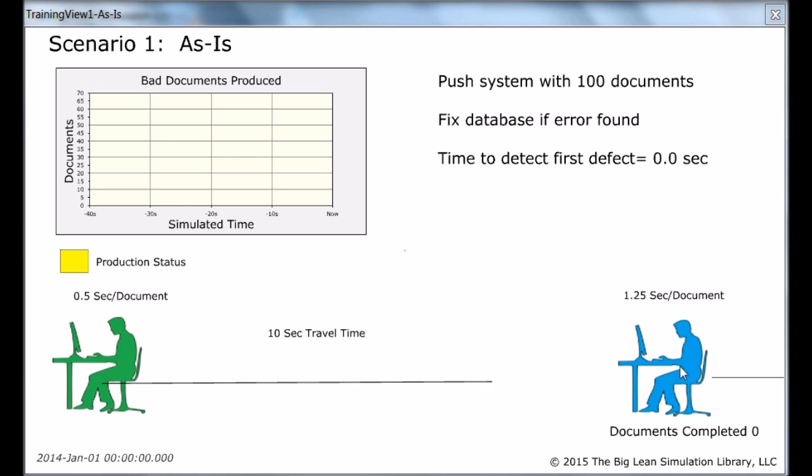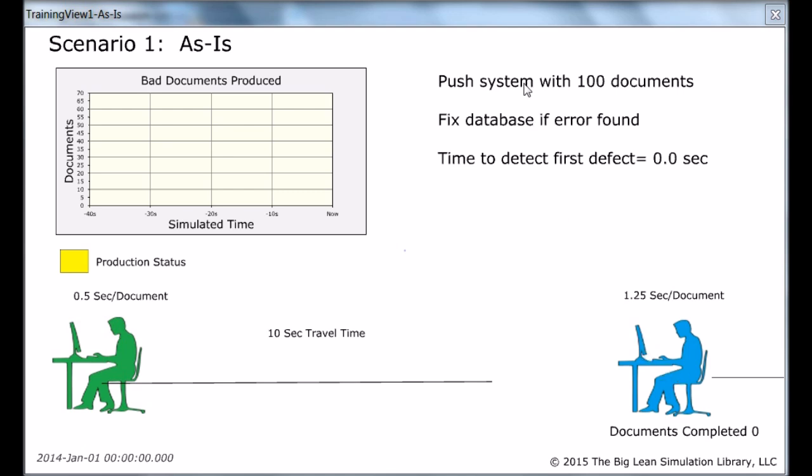And the documents go over to the man in blue, who takes 1.25 seconds per document to do the step that he needs to do. So these documents could be physical folders like they're shown in the animation, or they could be electronic versions of the same.